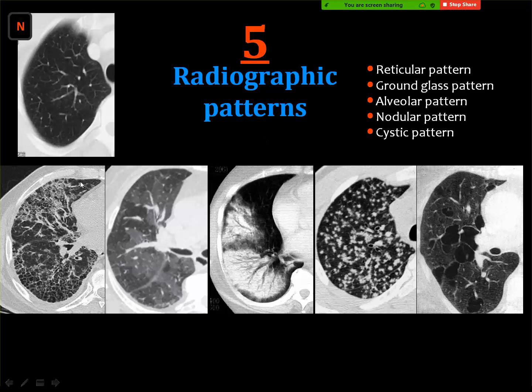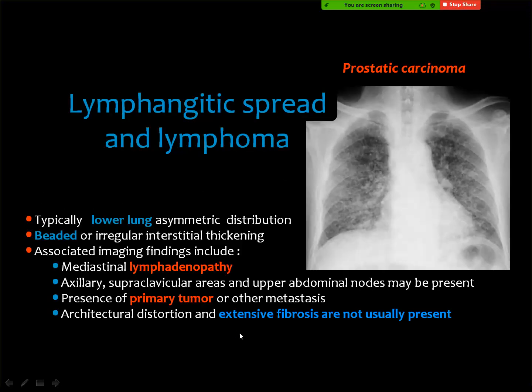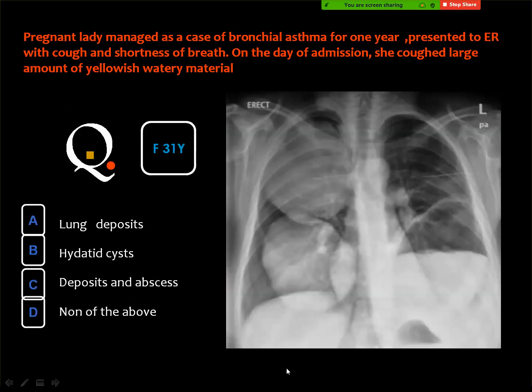Then interstitial opacities differential diagnosis include usual interstitial pneumonia or pulmonary fibrosis, non-specific interstitial pneumonia, pulmonary edema, fibrosis, collagen vascular disease, drug-induced, radiation-induced. And if the patient is known to have a primary malignancy, then you think of strandy opacities or strandy nodular opacities in the lung as metastatic deposits or lymphangitis carcinomatosis.